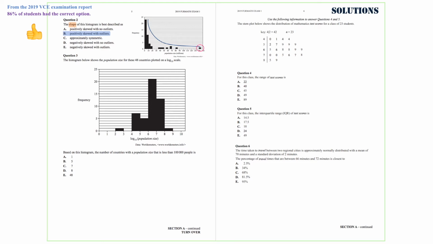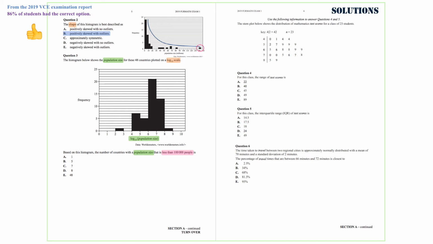In question 3, we are given a histogram that shows the population size for these 48 countries plotted on a log base 10 scale. So on the horizontal axis, we have log base 10 of population size. The question is asking for the number of countries with a population size that is less than 100,000 people.